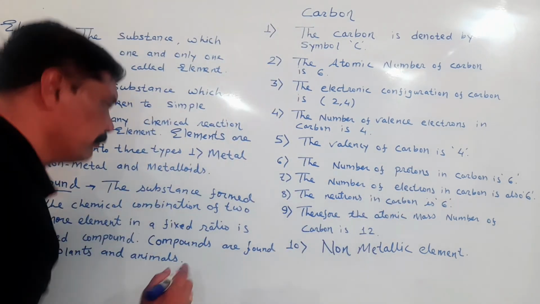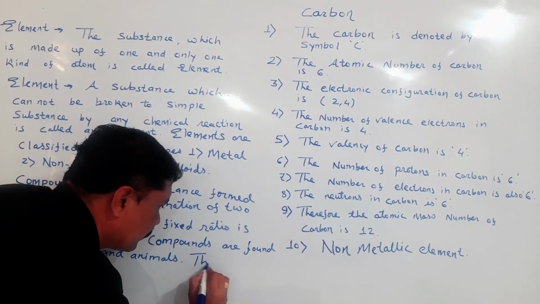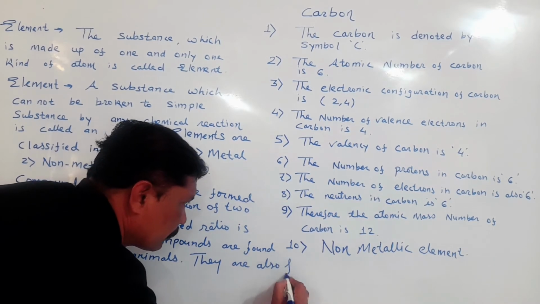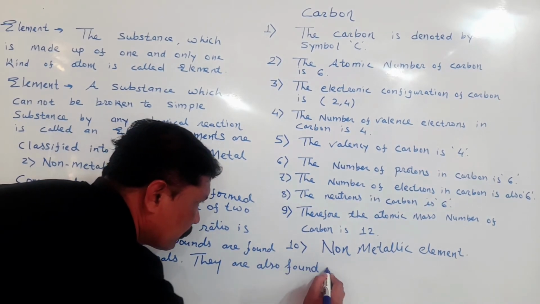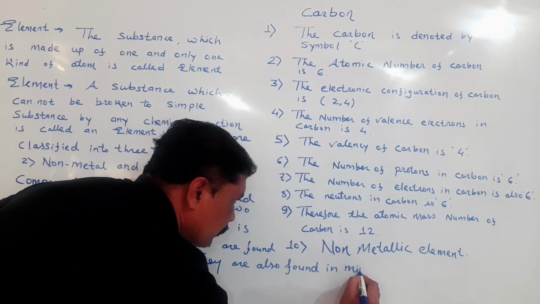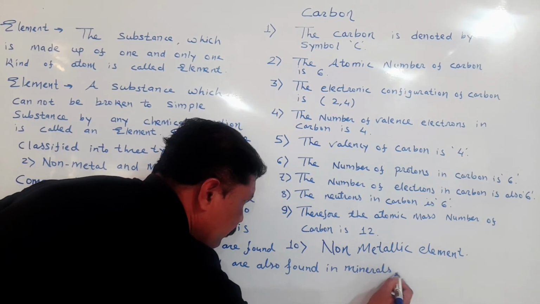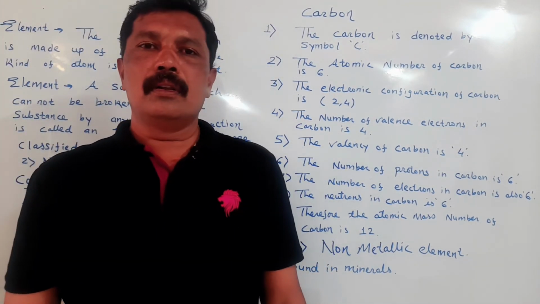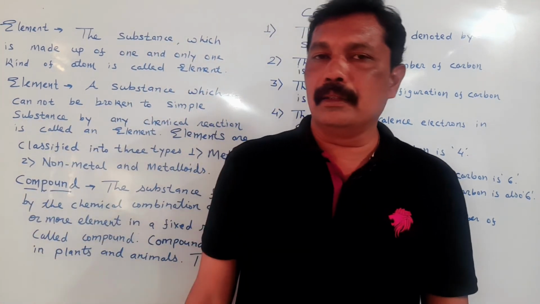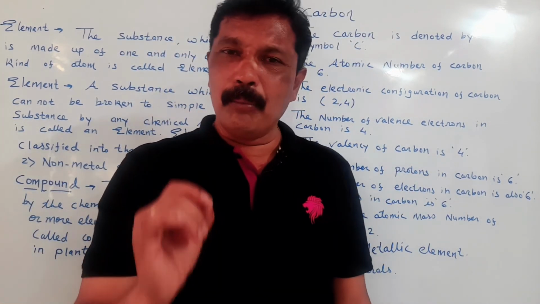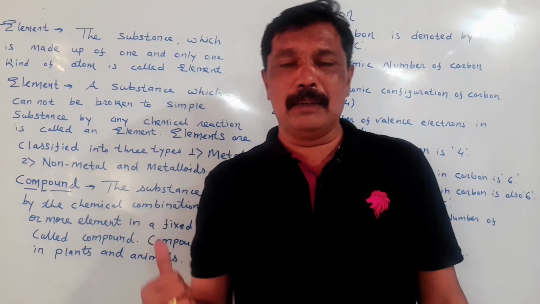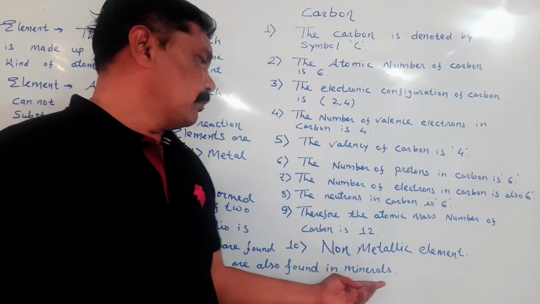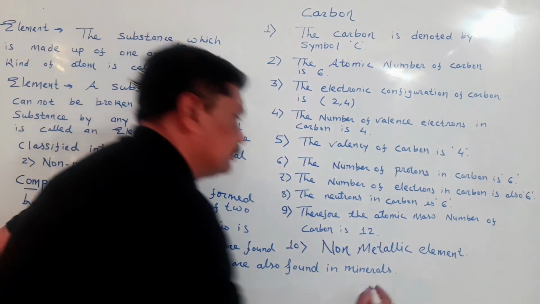They are also found in minerals. My dear student, when we study compound, we have to keep one thing in mind. That is, compound is found in plants and animals, and compound is also found in minerals.